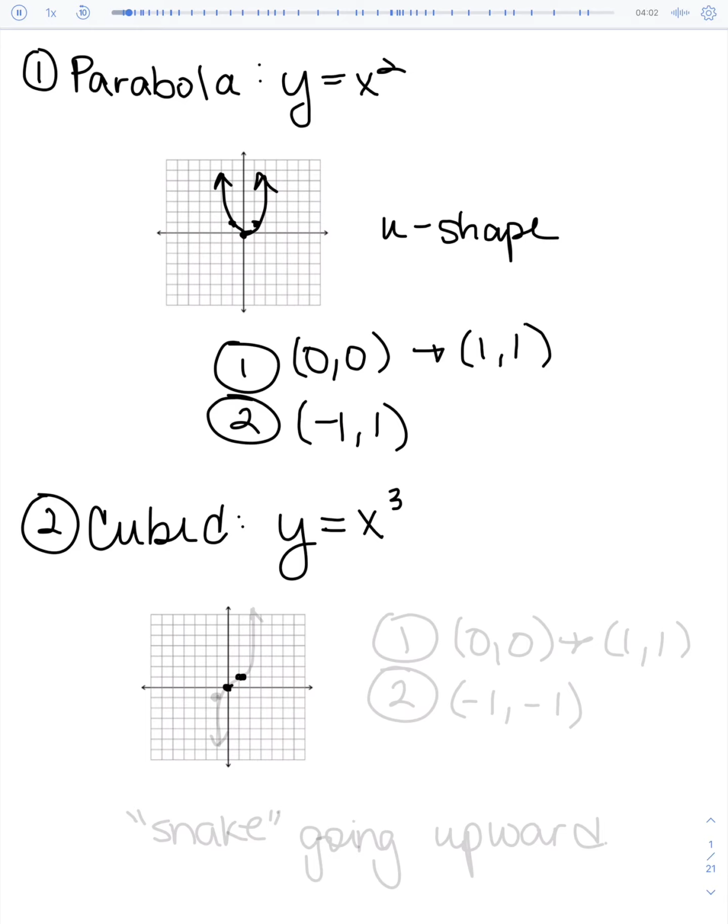However, when you cube a negative, it stays negative, so negative 1 cubed is negative 1. What we get is kind of the same idea, but it's flipped downwards on one side. It looks like a snake going upward. I always call this a snake graph going upward.